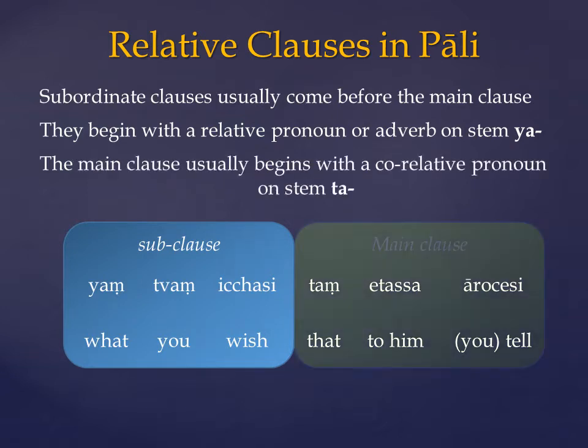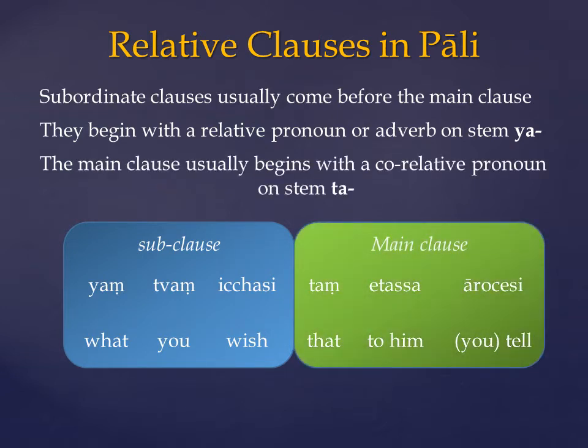And the main clause usually also begins with a correlative pronoun, which will be formed on the stem ta. And so we can use the presence of these pronouns to identify where one clause ends and the next clause starts.